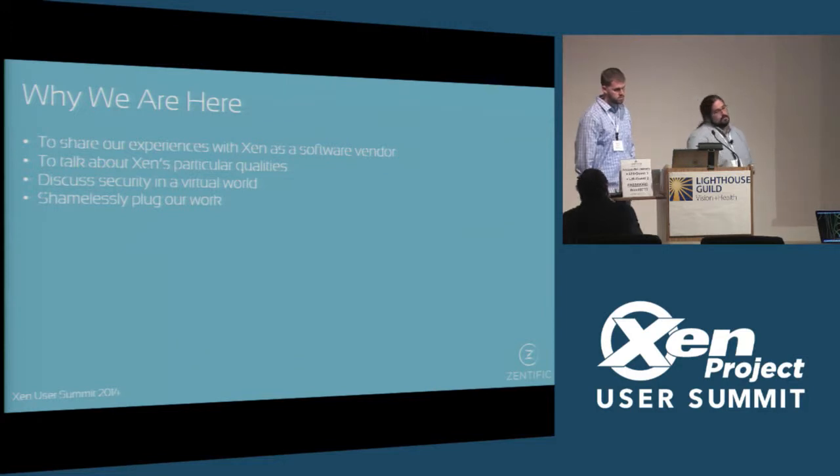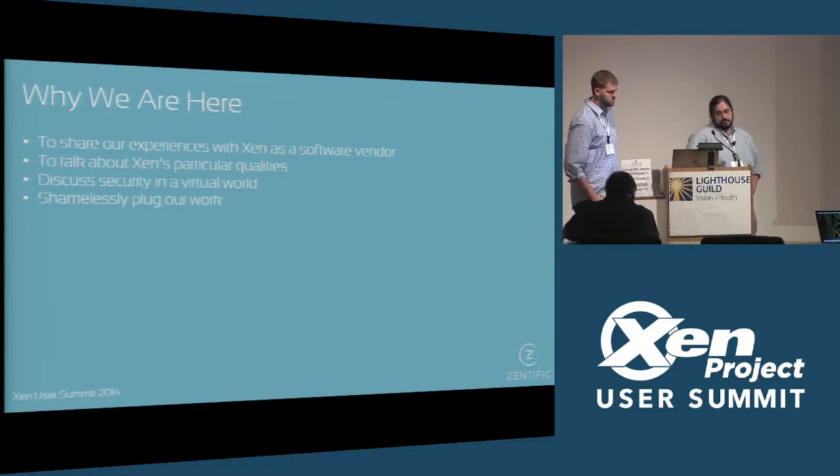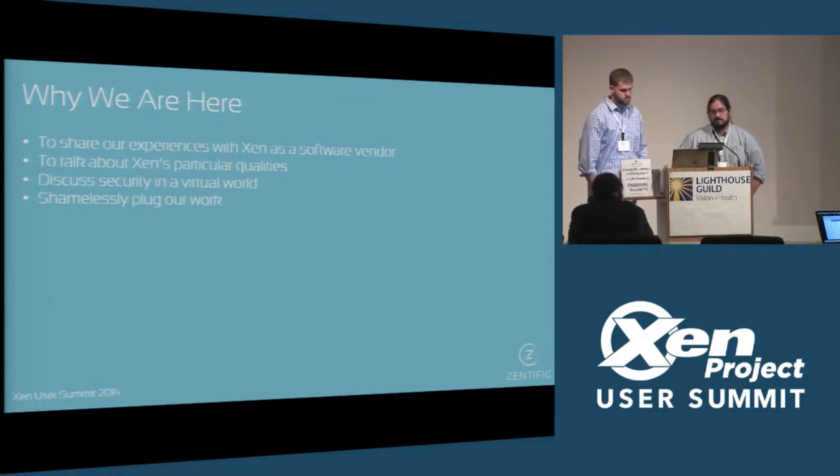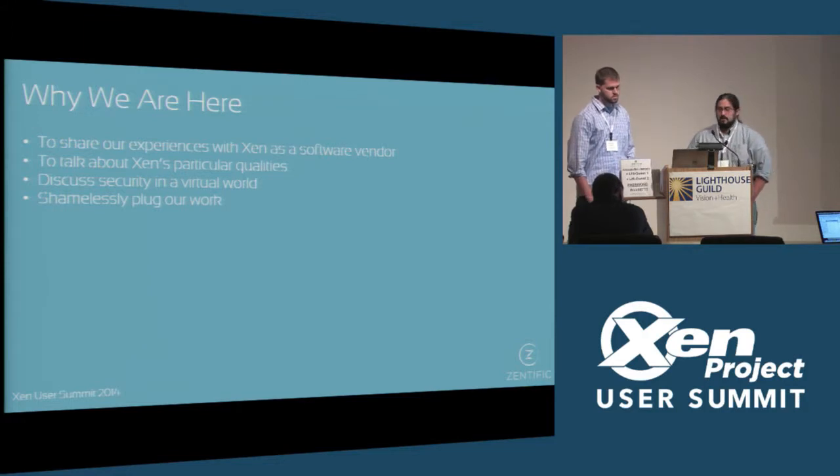Xen provides many unique capabilities that make our product possible, and we'll get into that. But before we do so, we'd like to get into Xen itself, why it provides us as a software vendor what we need, and why it was most appropriate for our needs.